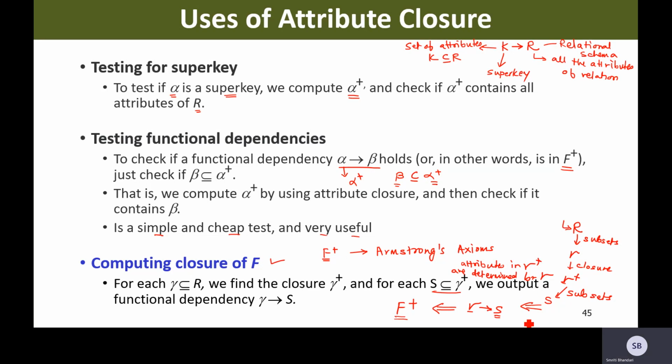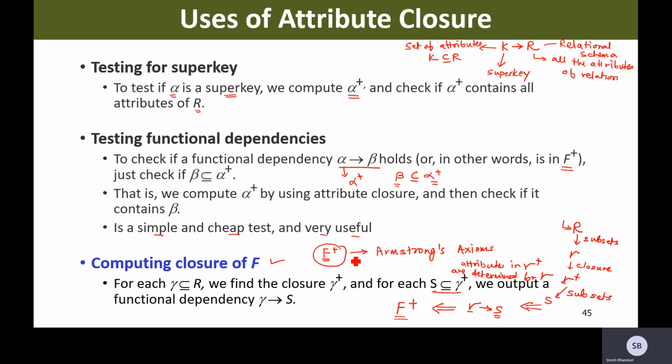We repeat this process for all the subsets of R, so ultimately we find all the members of F plus. This is the alternative procedure to compute the closure of F, denoted as F plus.